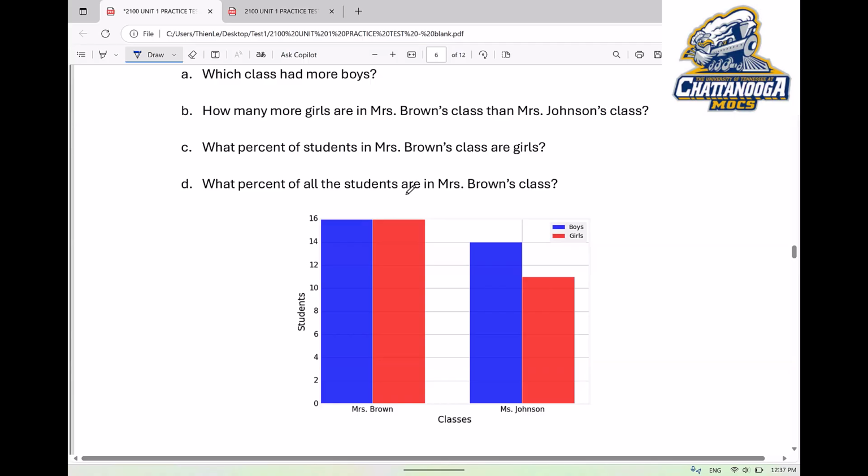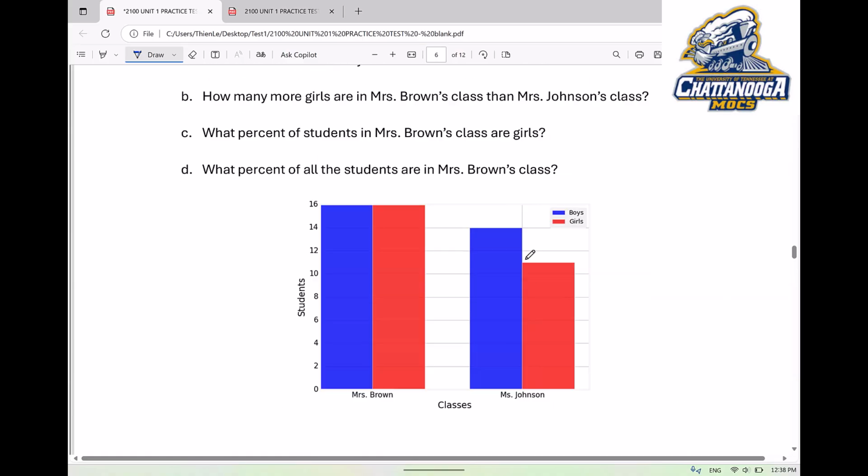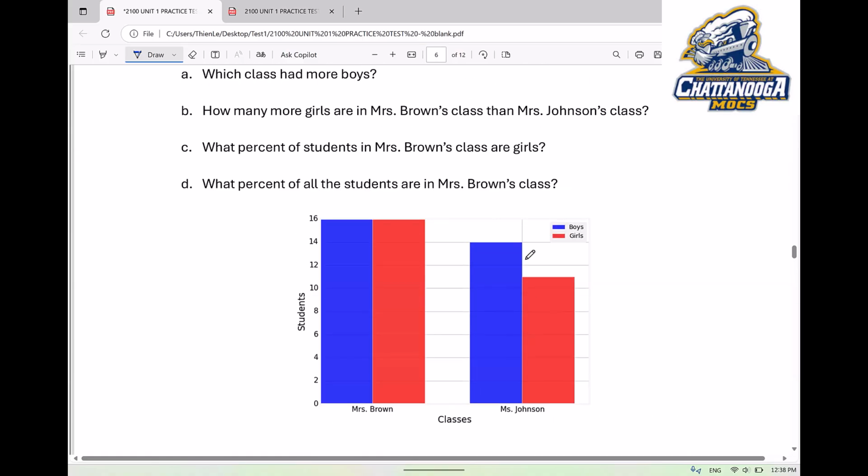What percent of all students are in Mr. Brown's class? So for Mr. Brown, he has 32 students, 16 and 16. And the total students for this data, right?